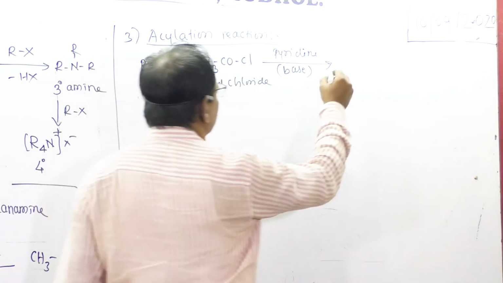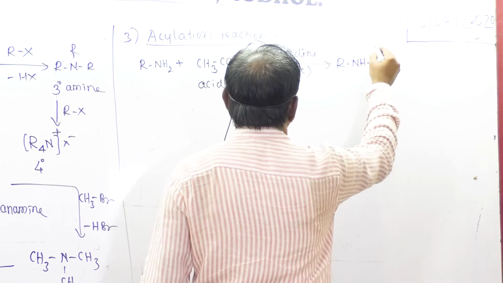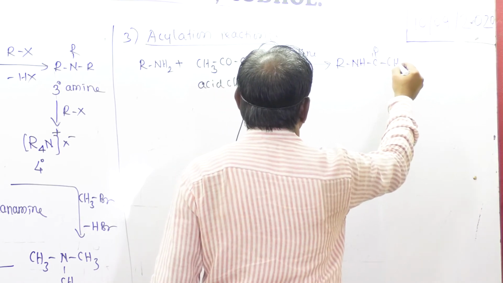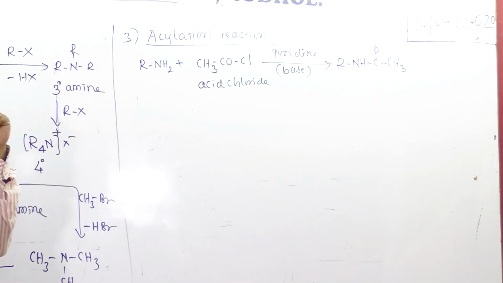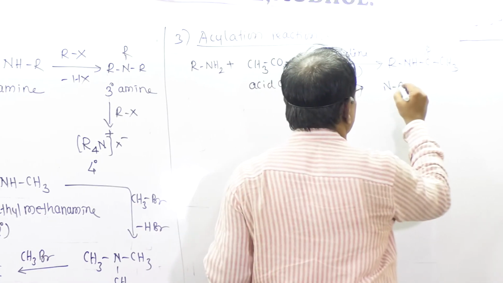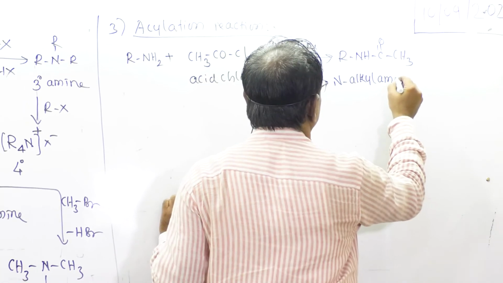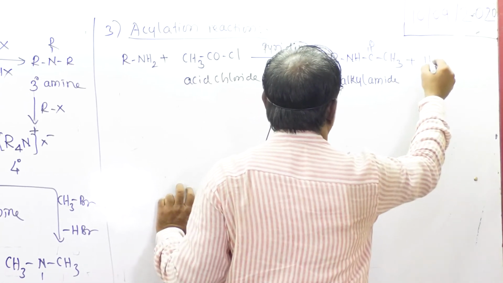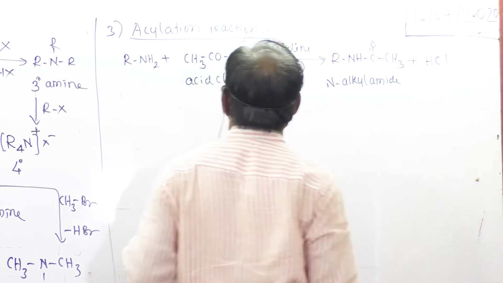So the product obtained here is RNHCOCH3. That is N-alkyl amide, plus the elimination here is HCl.